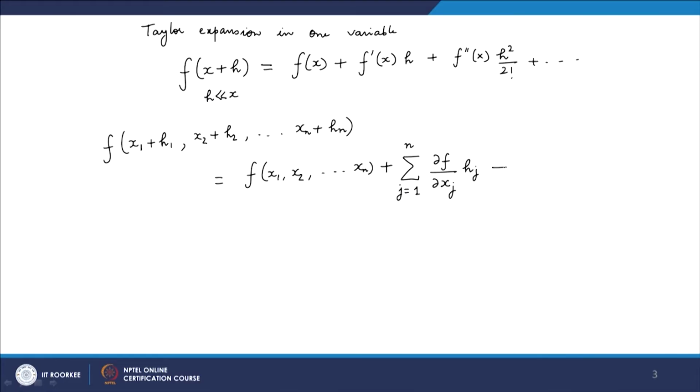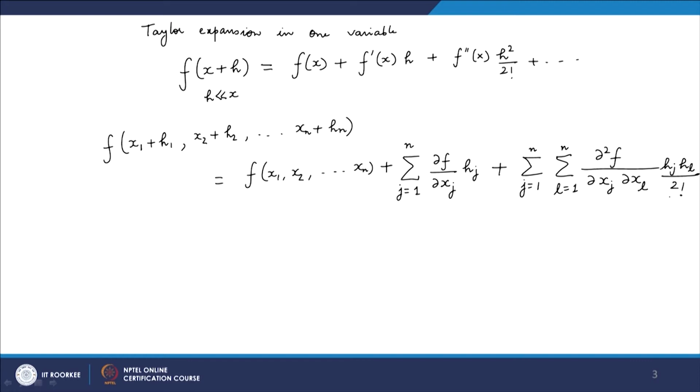So, what this comes out to be is basically two sums, j equal to 1 to n and L equal to 1 to n, of ∂²f/∂xj∂xL hj hL by 2 factorial.